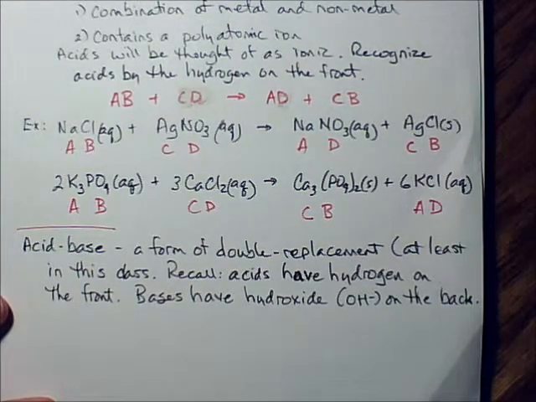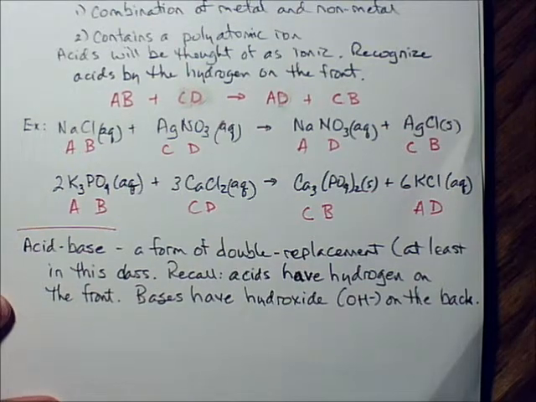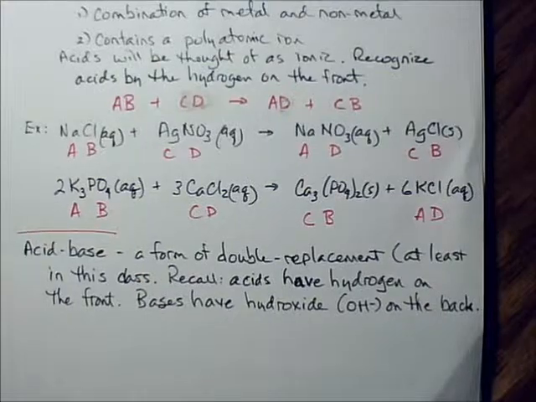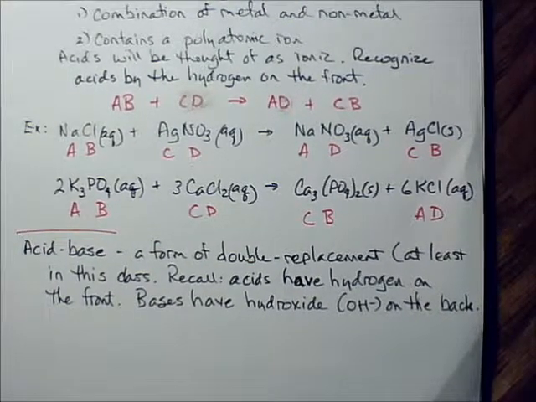There are other kinds of bases, and we'll get to those in the acid-base theory unit, but for right now we're going to stick with some really simple acids and bases. They're called Arrhenius acids and bases.